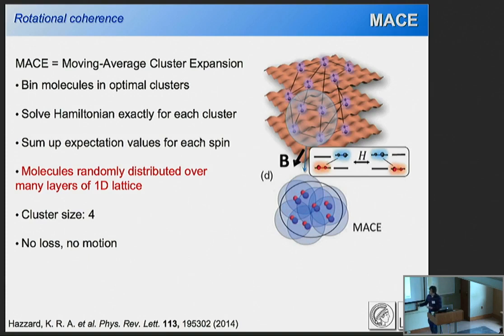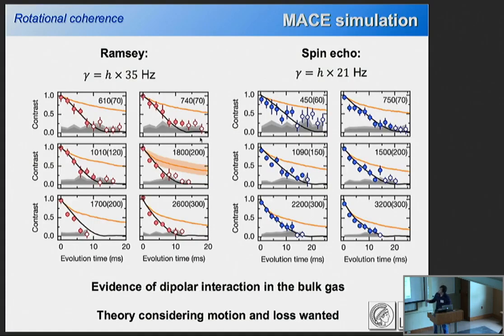We use this simplified model. If we only consider the dipole interactions, it's the yellow line. It's certainly much longer, so the coherence is maintained much longer than the result. But we know that at low density, the dipole interaction is negligible.